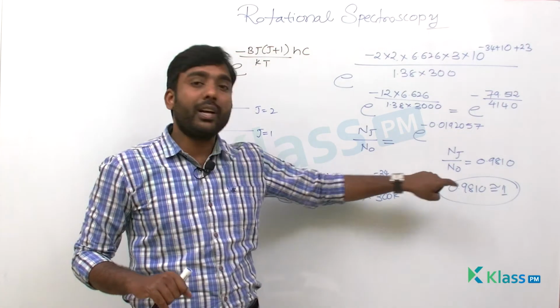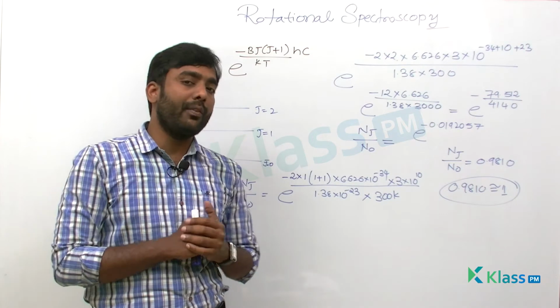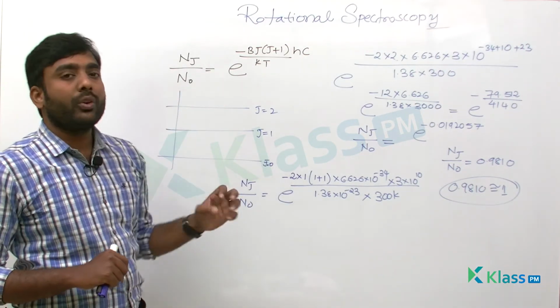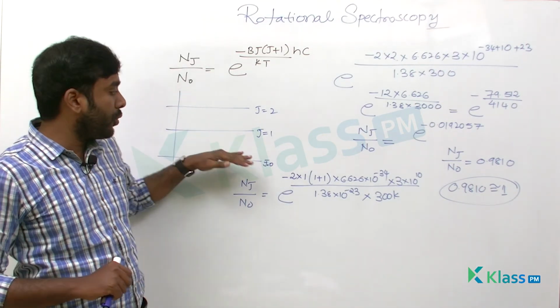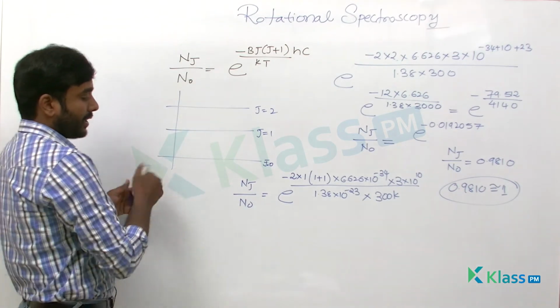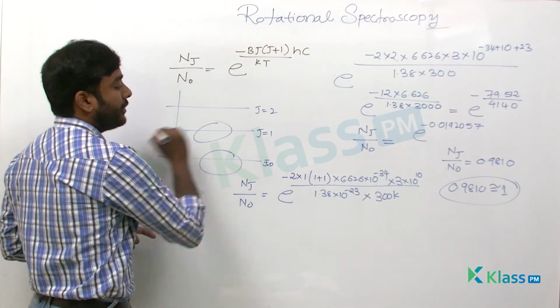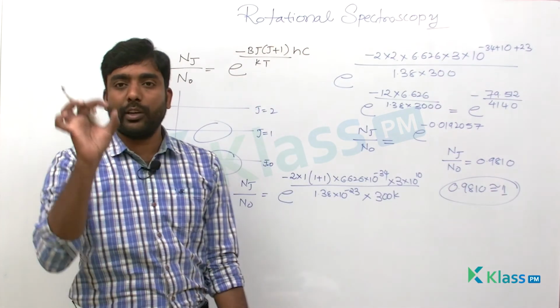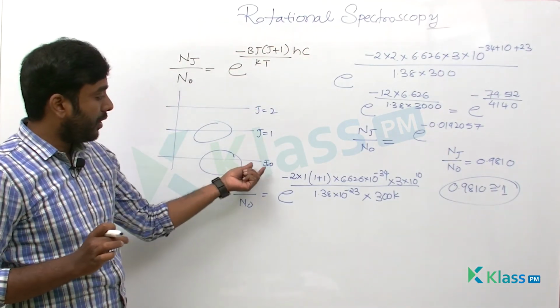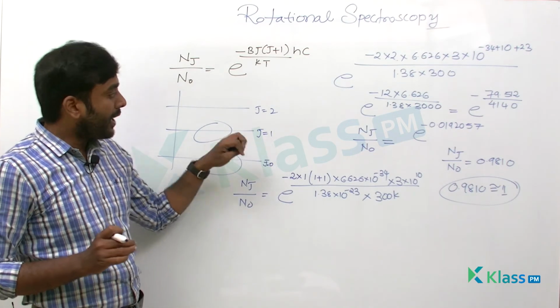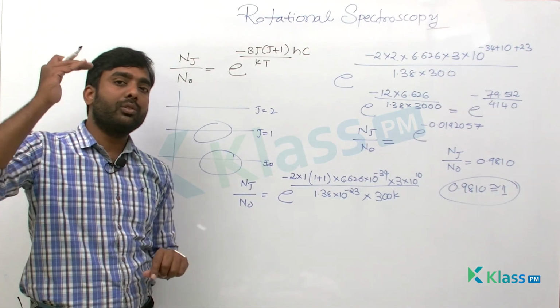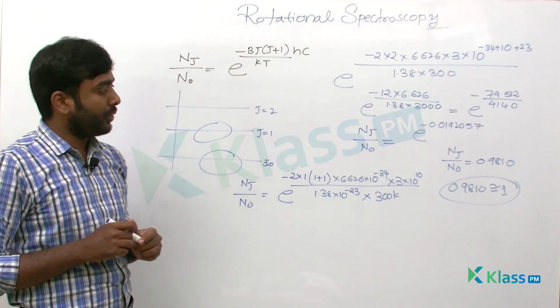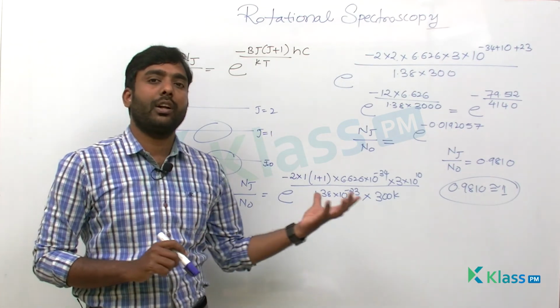Here we are always comparing with the ground level only. Here the number of molecules at J naught and J1 is almost the same, because we got almost equal to 1. Very few molecules differ between the ground level and the next energy level. But as you go above, the number of molecules keeps on decreasing. The same way you can calculate and find that.